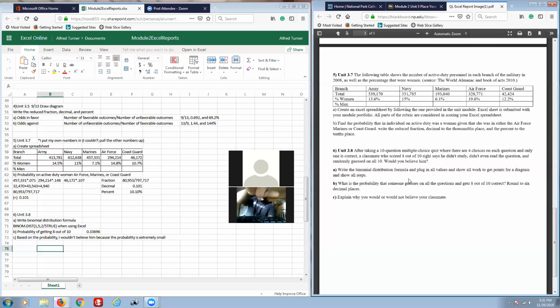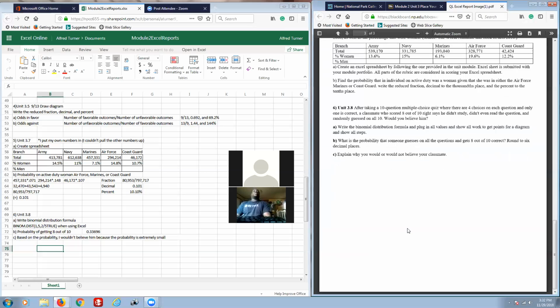And it gave me an answer of, when you see that big old fraction, 80,953 over 700,097 and 717, and the decimal was 0.101, and percent was 10.10%.